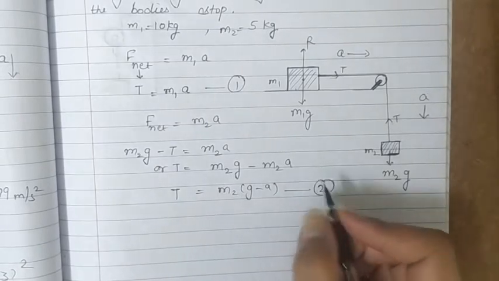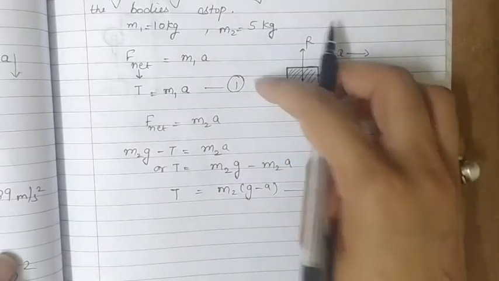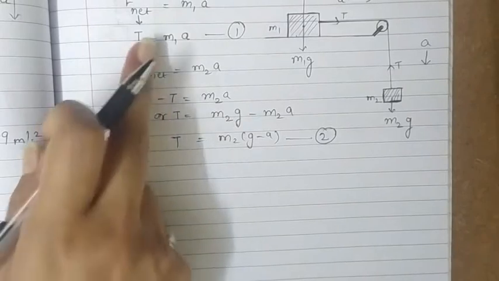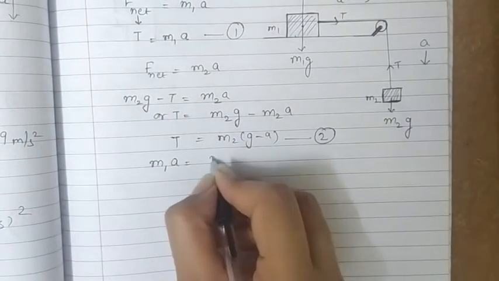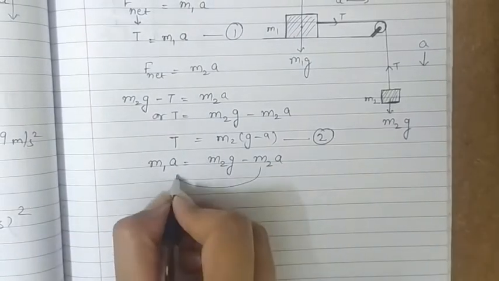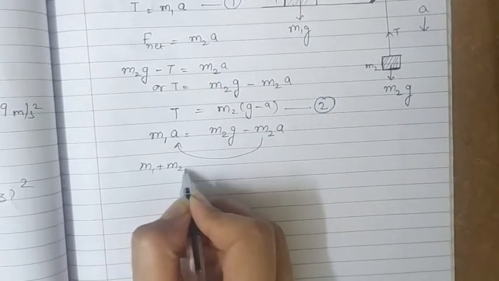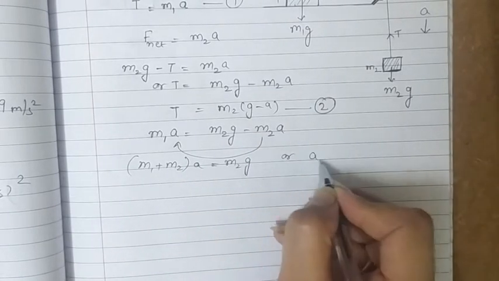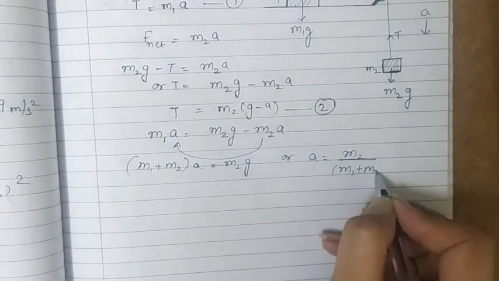Basically I want to eliminate T so that I can find acceleration. So from equation number 1 and 2 I am going to eliminate T. For that I am going to equate these two equations. From 1 and 2 I can write m1a is equal to m2g minus m2a, and on solving, I can get (m1 plus m2)a is equal to m2g, or the acceleration a is equal to m2 upon (m1 plus m2) into g.